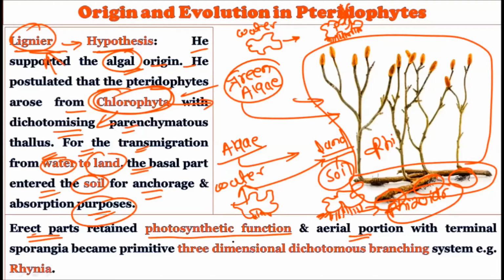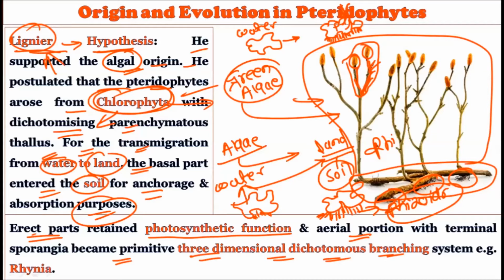And the aerial portion with the terminal sporangia became the primitive three-dimensional dichotomous branching system. For example, Rhynia. In Rhynia, the trichotomous branching is there, that is, the dichotomous branching got converted into trichotomous branching. Three-dimensional branching is there, and this three-dimensional branching later bears the sporangia.